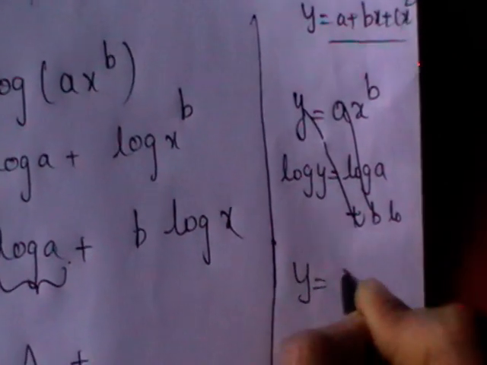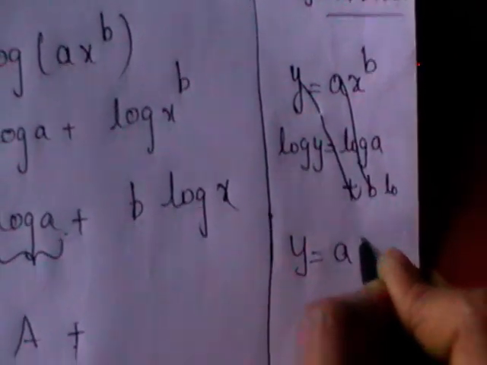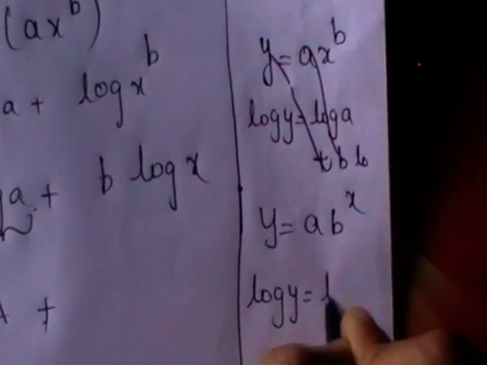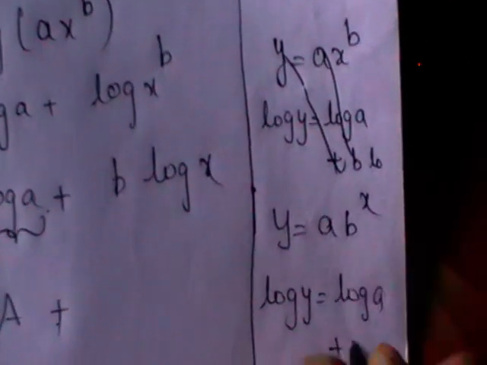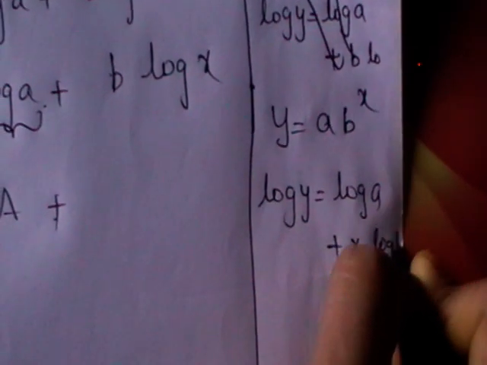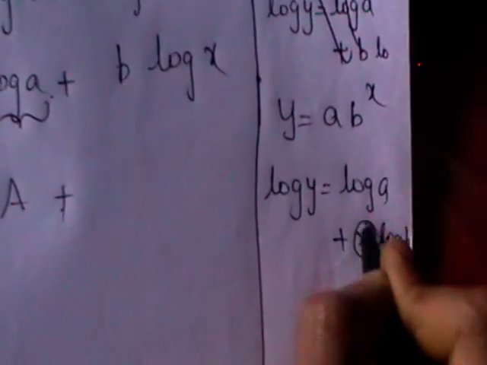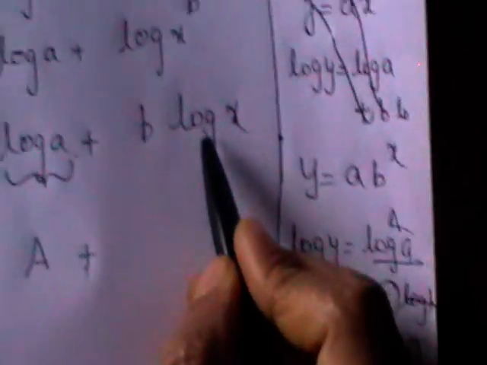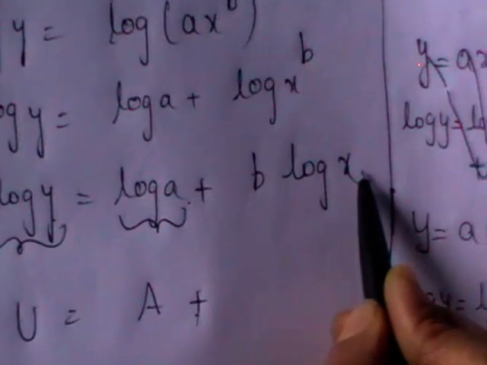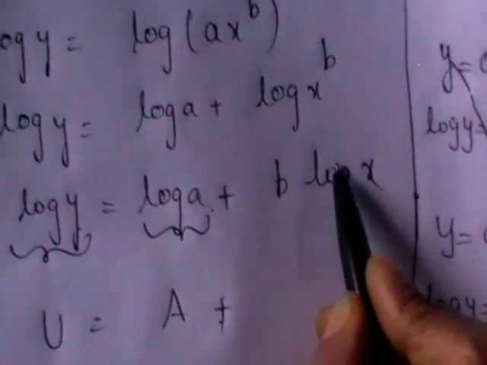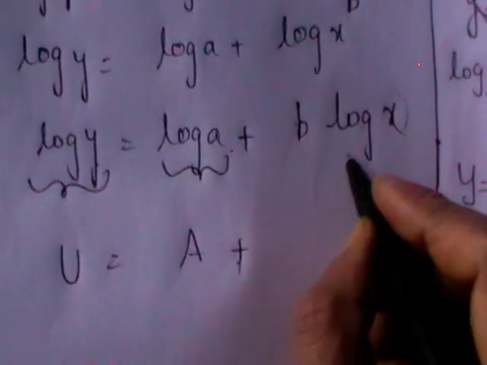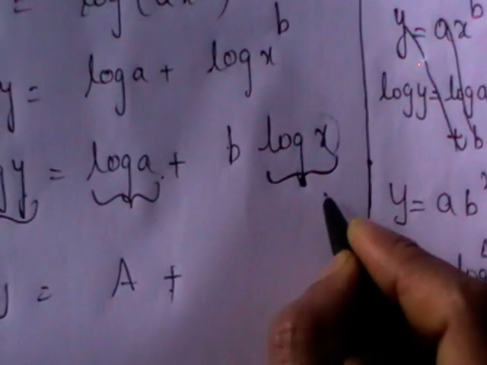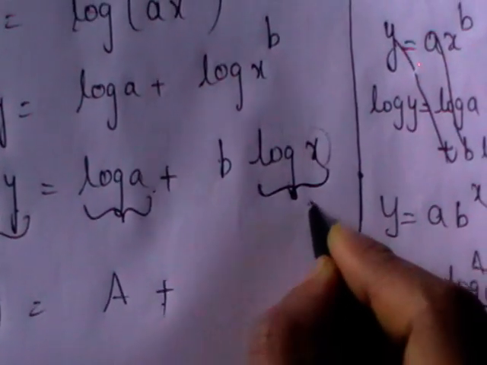If you take the second exponential curve, log y is equal to log a plus x log b. There you have separated x, and you took this as A, this as B. Now can you separate log and x? You cannot separate log as a separate term and x as a separate one. So you should consider the entire term as a new variable. Let us say this as v.